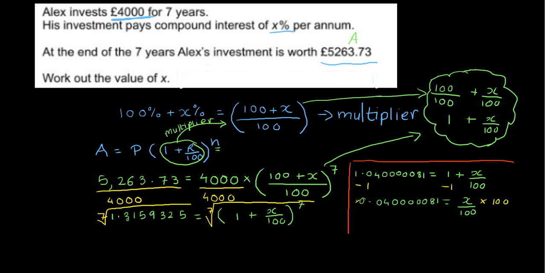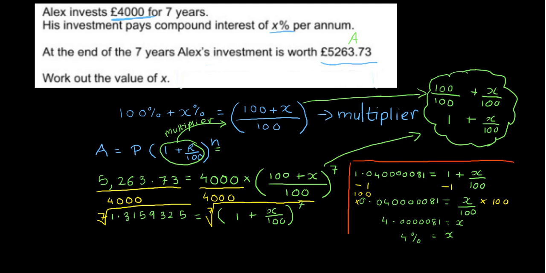The reason I subtracted 1 in the previous step is to get rid of the 1 on the right hand side. Didn't explain that bit, but now I have. So it'll be 4.00001234581%, or if it was to a particular degree of accuracy, let's say 4% to 2 decimal places, and that's the value of X.